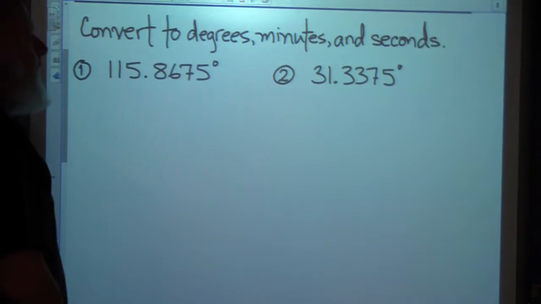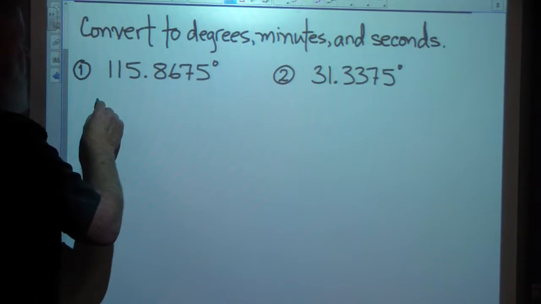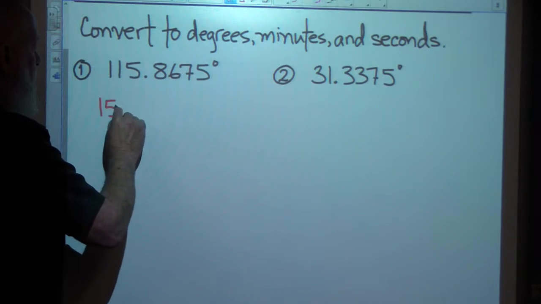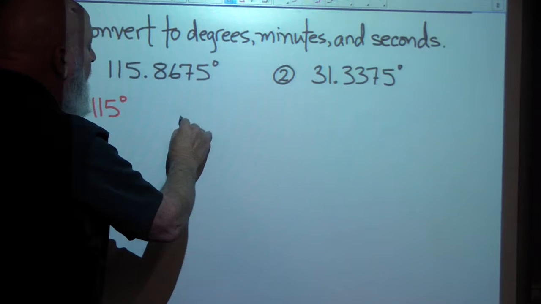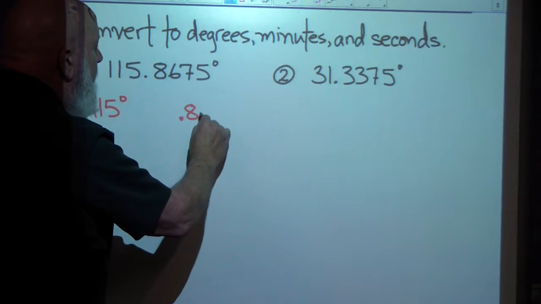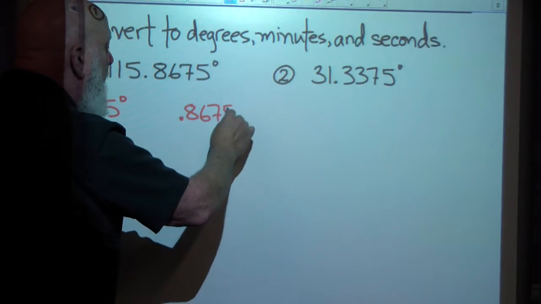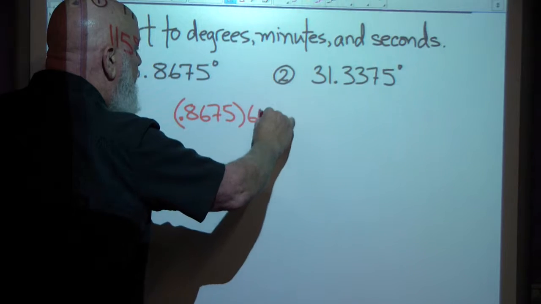Convert to degrees, minutes, and seconds, and I'm given a decimal degree. So I'm going to go like this. 115 degrees, and I'm going to take this 0.8675 and I'm going to multiply it by 60.